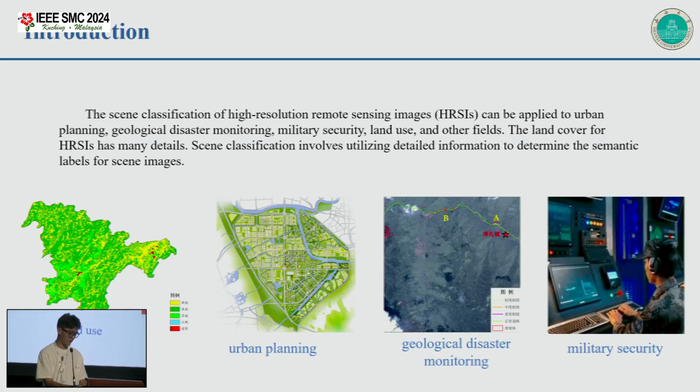The land cover for HRSRS has many details. Scene classification involves utilizing detailed information to determine the semantic labels for scene images.